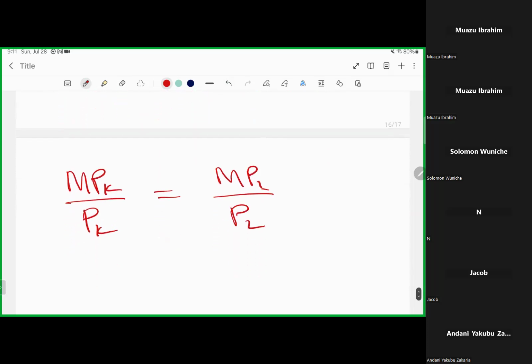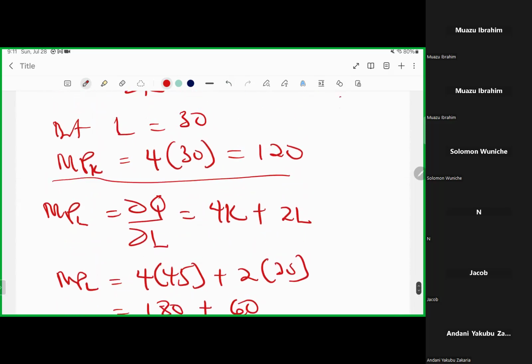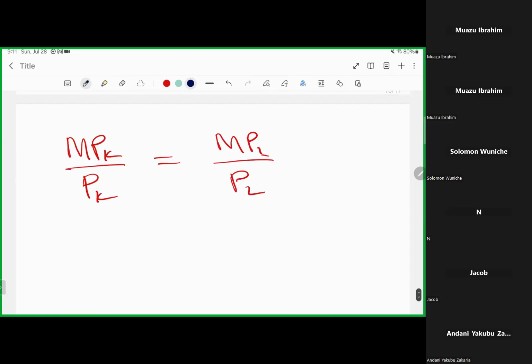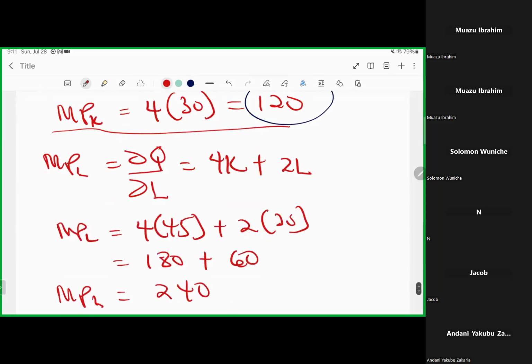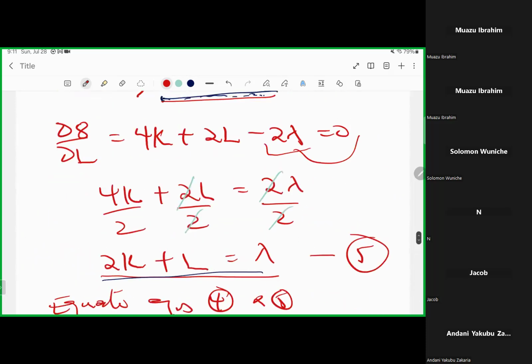Now, marginal product of capital, we got it as 120. So here will be 120 divided by price of capital. And price of capital from the question was 1.